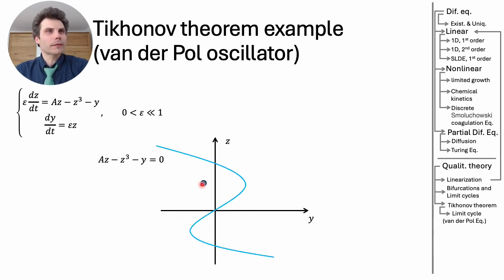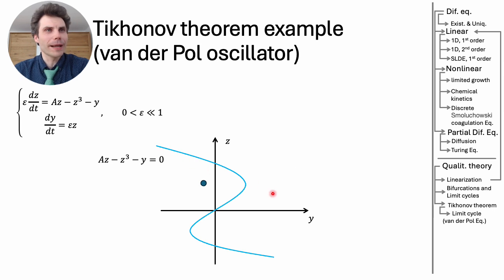We set the initial condition of y and z. Y is negative, but not too negative. It's slightly negative. Z is positive, but is located between the two roots of its quasi-stationary curve that we identified some slides ago.